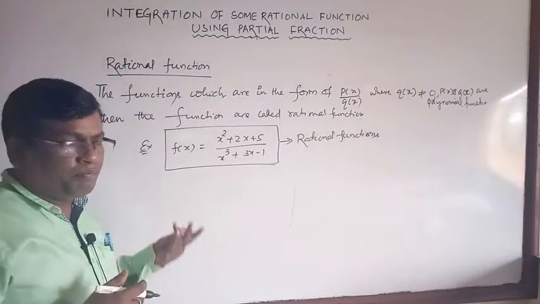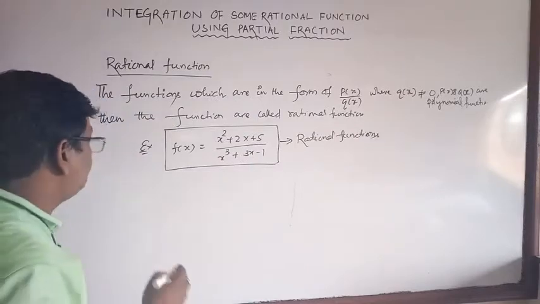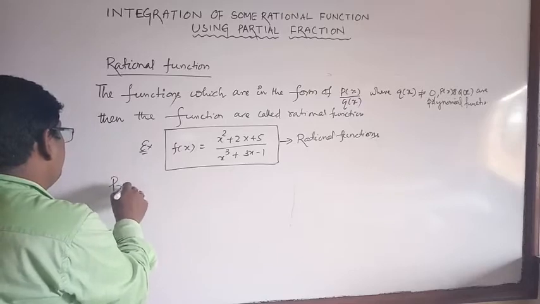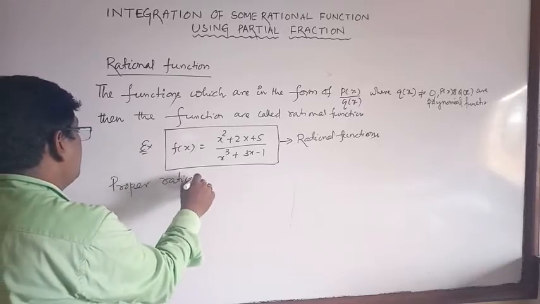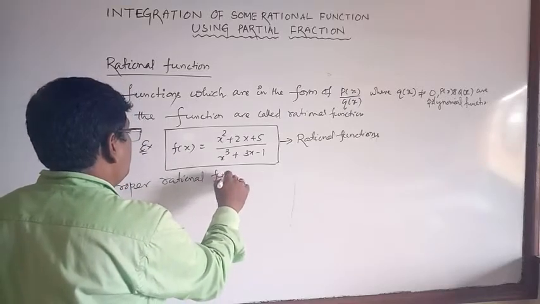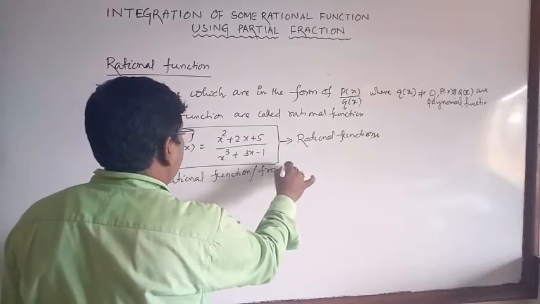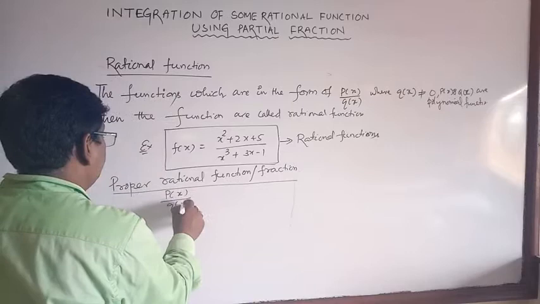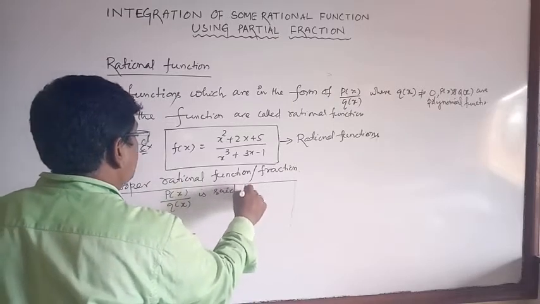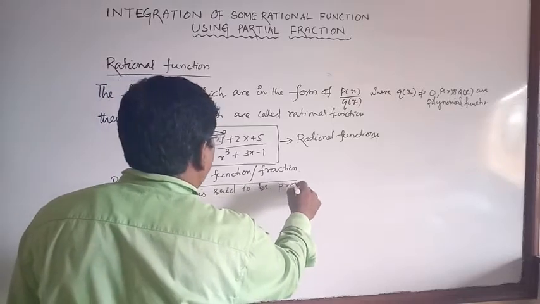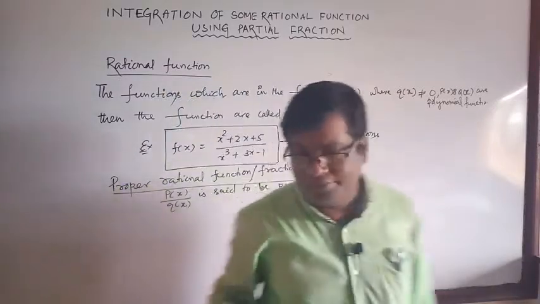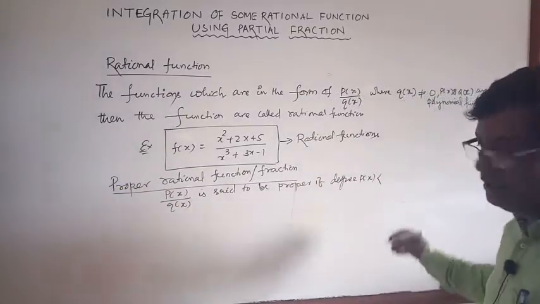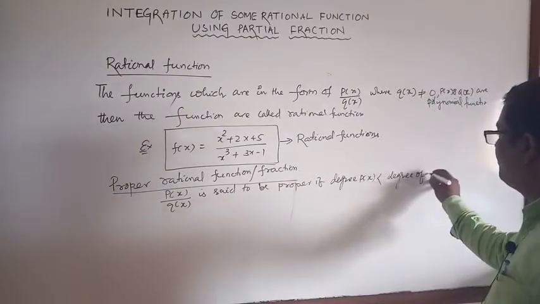Now what is a proper rational function and what is an improper rational function? A proper rational function or fraction: p of x by q of x is said to be proper if degree of p of x is less than degree of q of x.